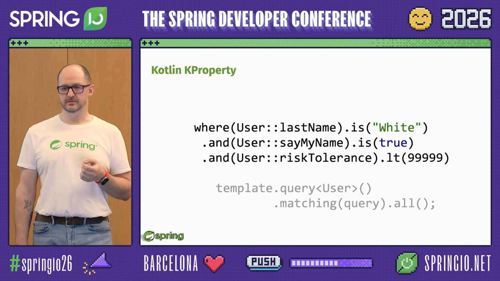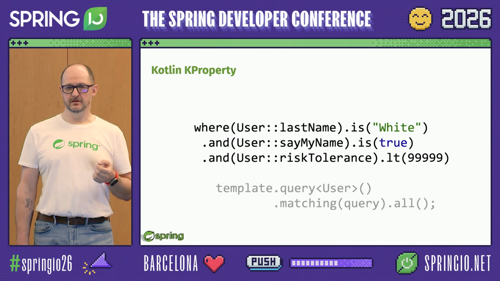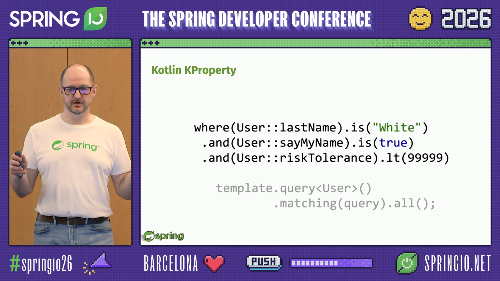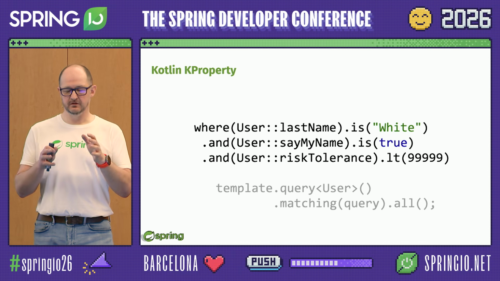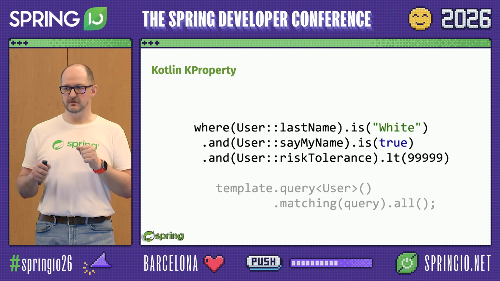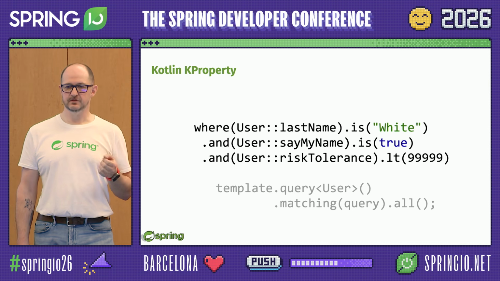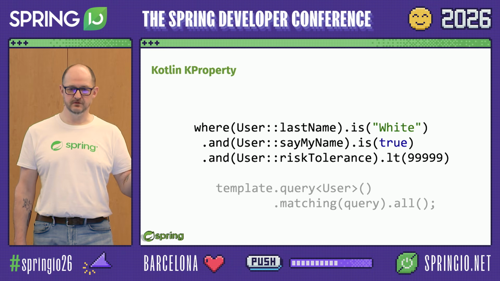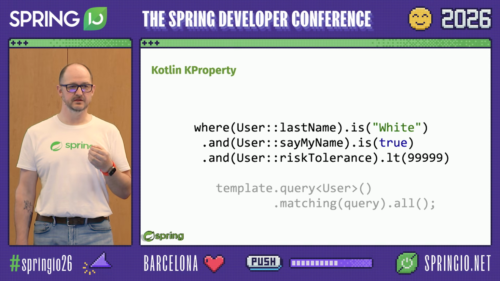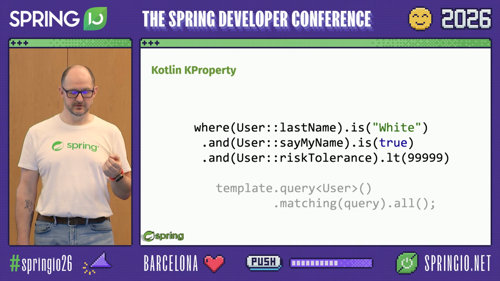We had such experiments already in MongoDB that allowed us to construct property paths by just writing a path towards the Kotlin KProperty, helping with readability and with almost zero cost, because everything you need is already baked in, both in the language of Kotlin and through those extensions that Spring Data provides. And you, as a developer, can take advantage of these constructs to make your code much more expressive.